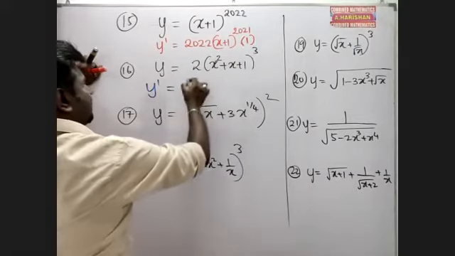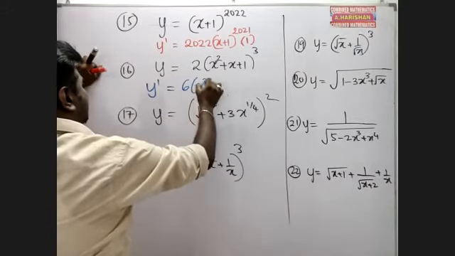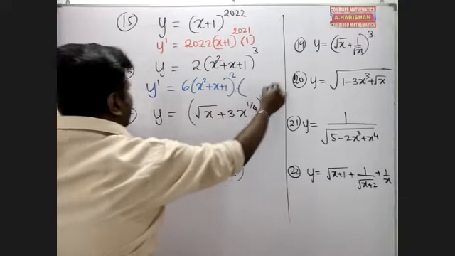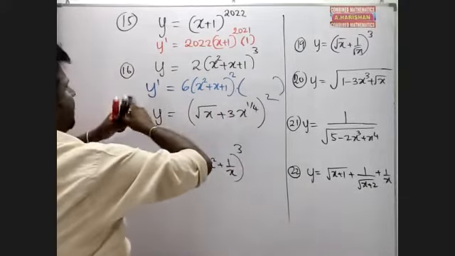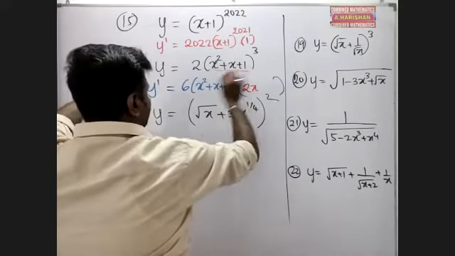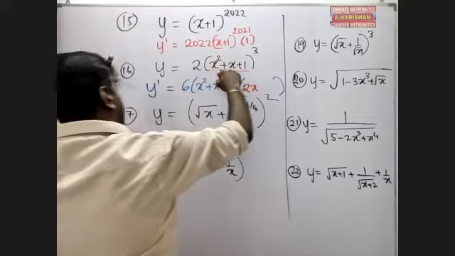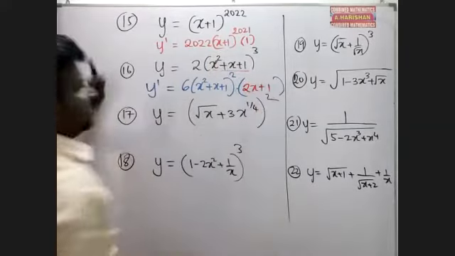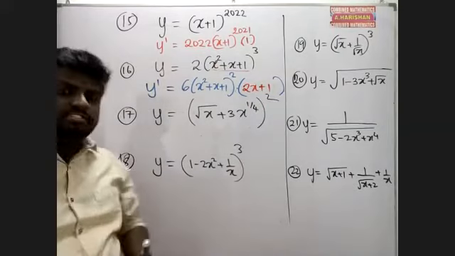So if you bring this, it is 6 times (x squared plus x plus 1) to the power 2, then open another bracket and differentiate and put it here: 2x, differentiate this one, okay? Not this one, inside the bracket. 2x plus 1. Okay, I'll give some time here after.